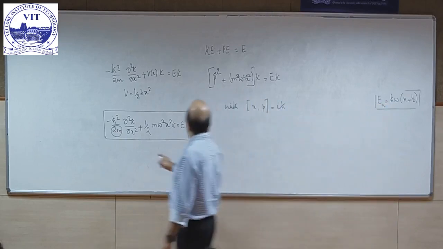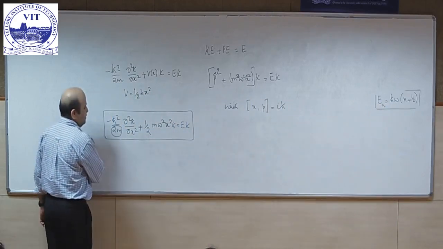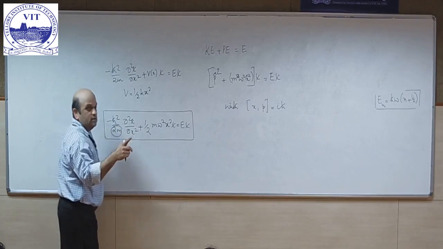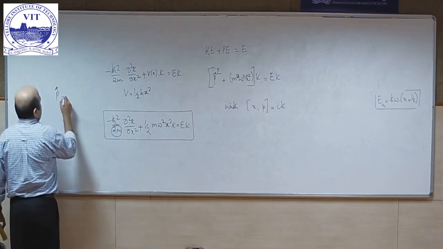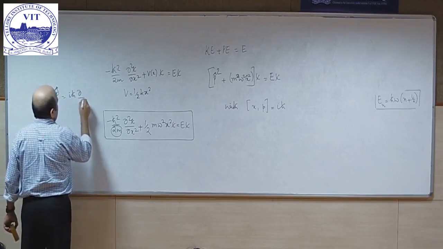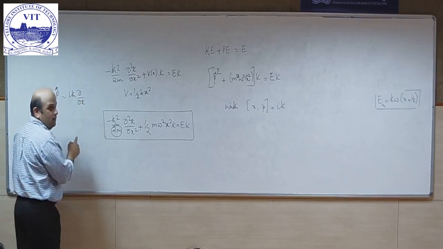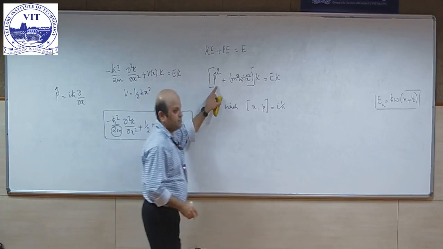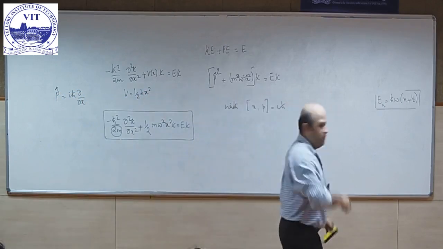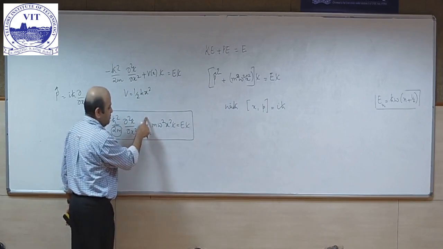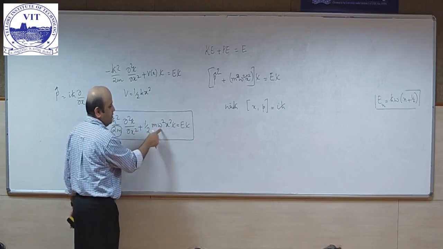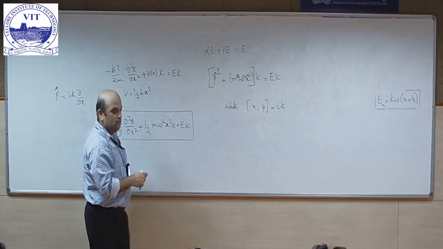I'm taking 2m outside here, because what is the p operator? The p operator is minus i h cross del by del x, right? So if you want to have this p square separately, you have to multiply by 2m, and the 2 gets cancelled, so you'll get m square omega square x square.